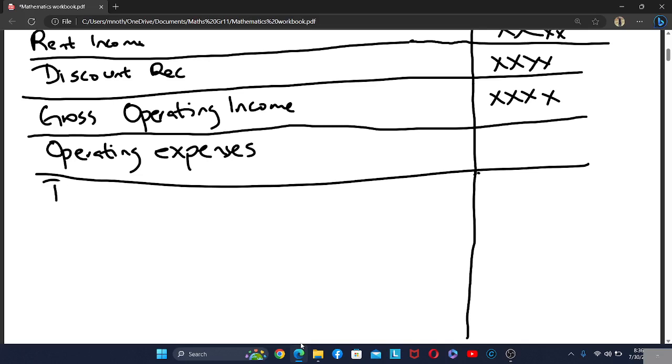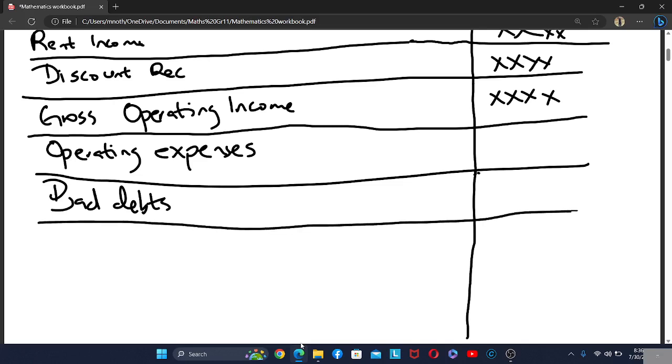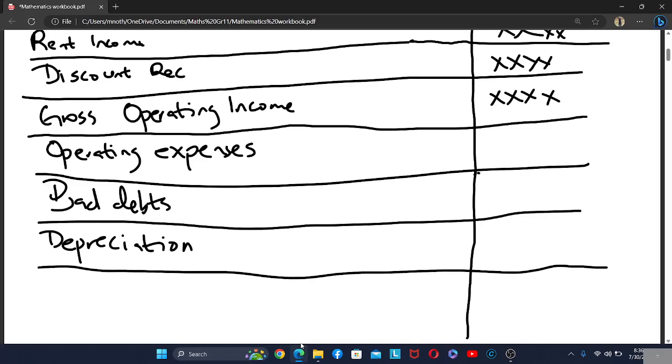We can have the bad debt, we can have the depreciation. As long as we're going to record all the expenses here, let's just show only these two. Okay, and then we add them up, then we are going to get the operating expenses.